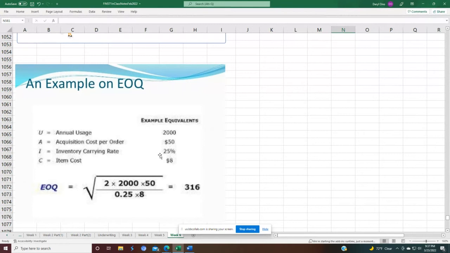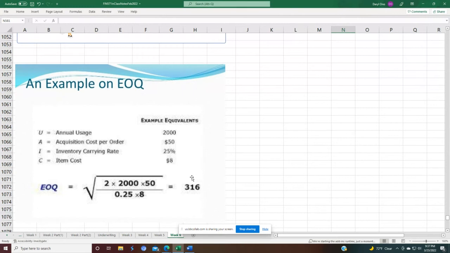We have basically the carrying rate is 25% of the item cost. So in this case, 25% of 8, the cost of warehousing this item, is 2. The cost of warehousing this item is $2 per unit per year.